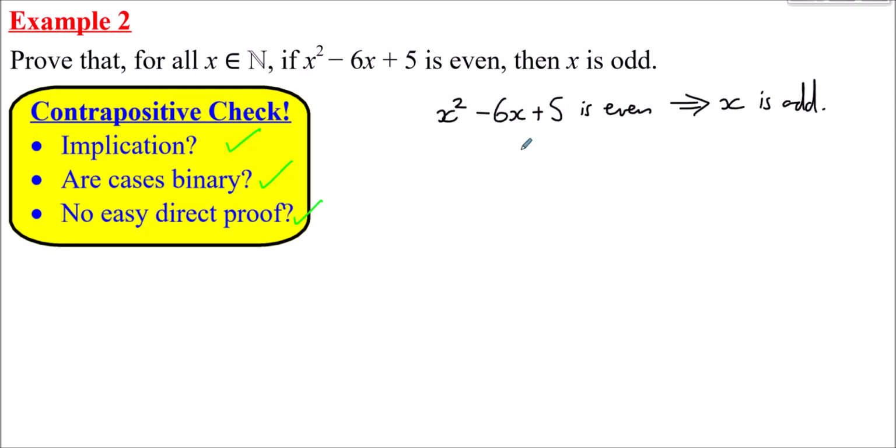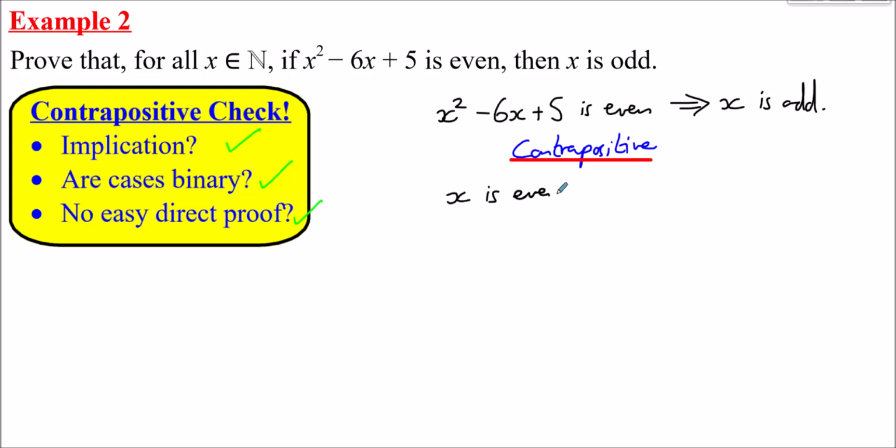Let's write the contrapositive form of that. So again, we just switch the order and write the opposite of what these things are. So put x first, switch the order. X, opposite of odd is even.